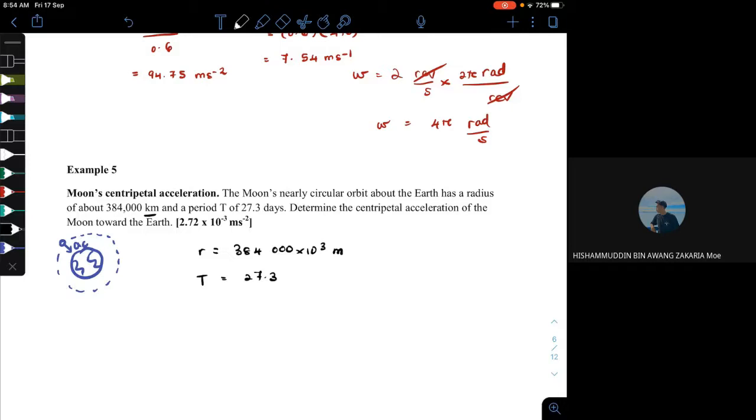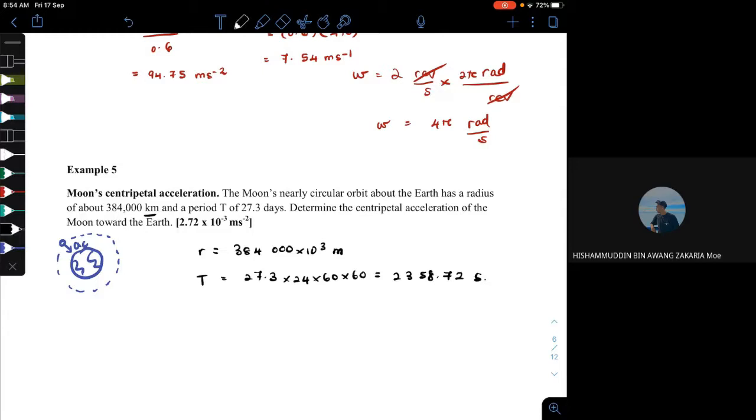So one day has 24 hours, 1 hour has 60 minutes, and 1 minute has 60 seconds. Okay, so that's how you convert it. I think Miss has done it here, so I think you get 2358720 seconds.